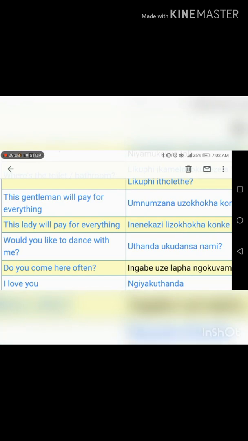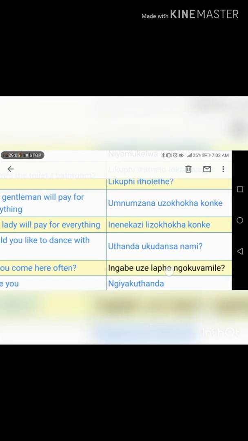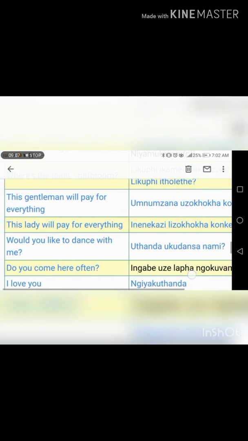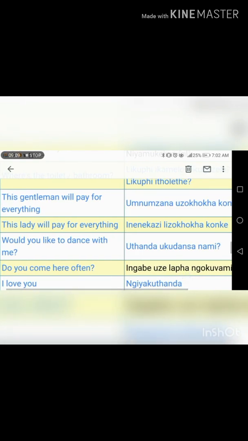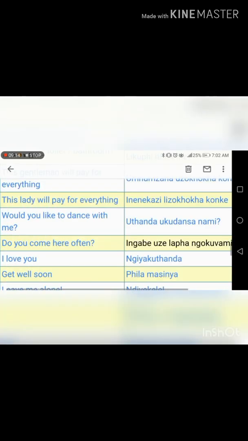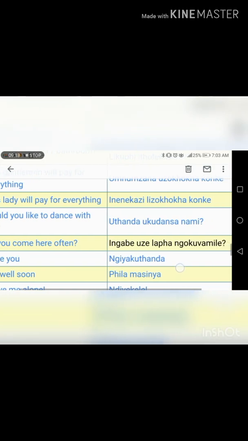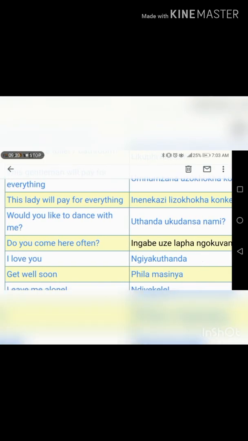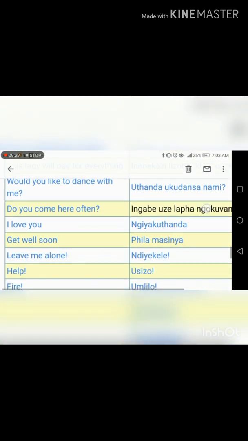This lady will pay for everything: inenekazi lizokhokha konke. Would you like to dance with me? Uthanda ukudansa nami? Do you come here often? Ingabe uza lapha ngokuvamile? I love you. Ngiyakuthanda. And if you want to say get well soon, phila masinya.